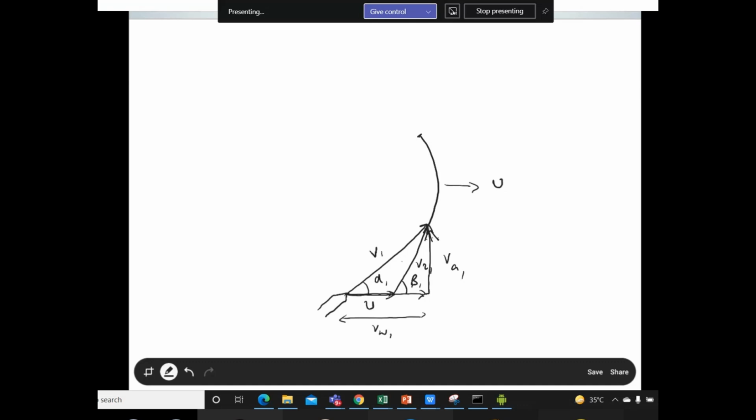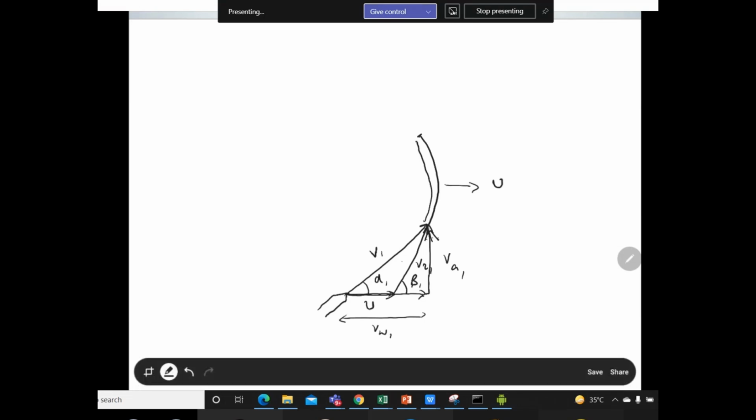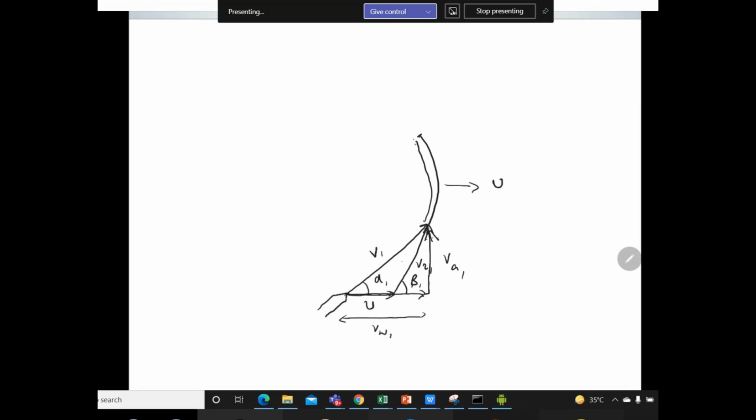Now if we assume there is no friction in the curved area of the blade, then the steam comes out at the outlet of your blade with the same relative velocity as VR1, which we write as VR2, where 2 means at the outlet.